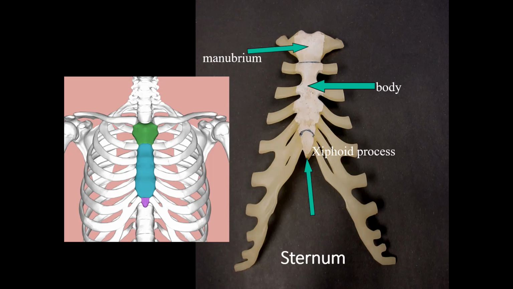Now, the manubrium also has several notches on it. The notch in the middle is called the jugular notch. Now, the jugular arteries that go up to the brain are going to come up behind. I'm sorry, the jugular veins, which come down from the brain.